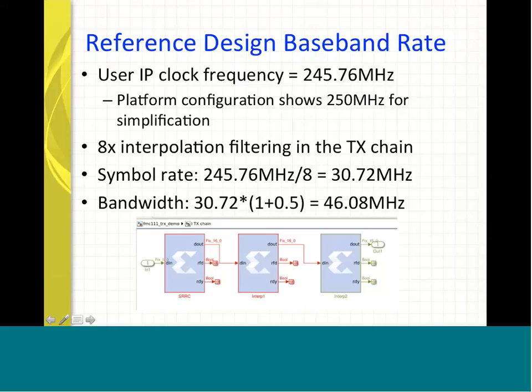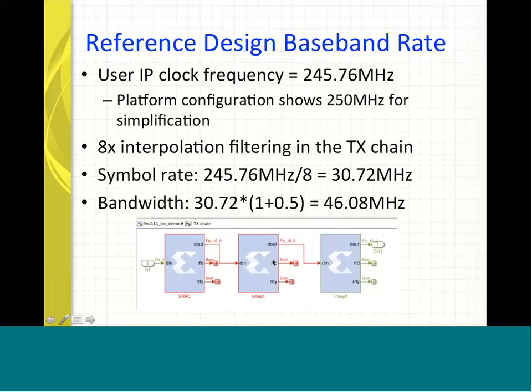If I take a look at the baseband design in the SDR reference design, there is an aggregate 8x interpolation implemented in the TX baseband signal processing chain. That means our symbol rate is 245.76 megahertz divided by 8, which is 30.72 megahertz.